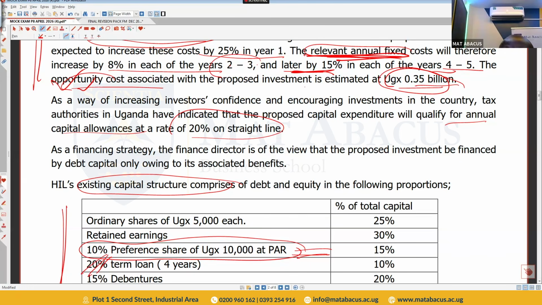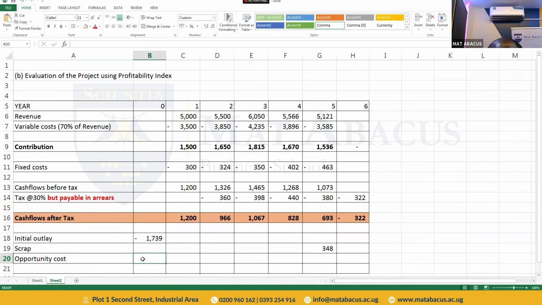They didn't tell us when you will be able to get that opportunity cost. So you can take it to year 0. That is 350 million. Then we had working capital.